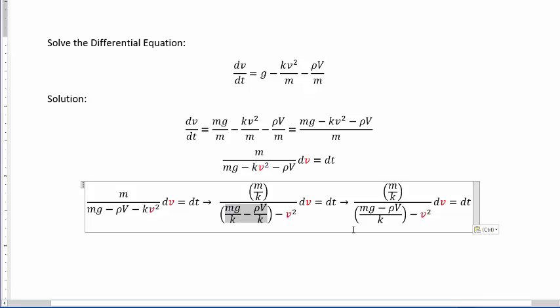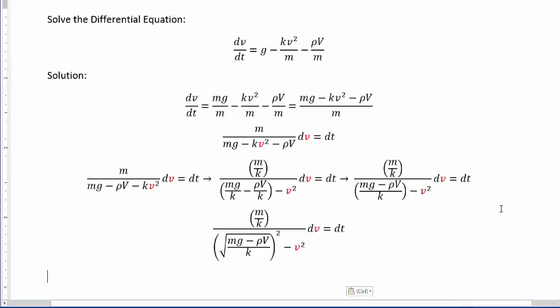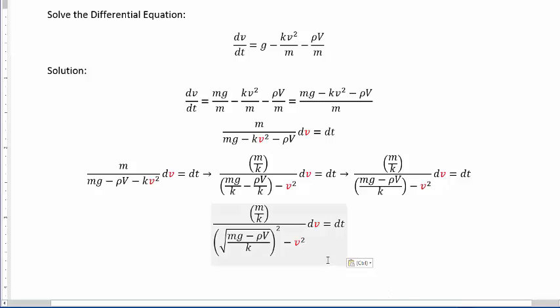If we combine this into one fraction, now we can take a look at this fraction and say that we want that to be a square of something. And so we can essentially write it as the square root of this thing, squared. So this is how we're going to get ourselves all prepped up.